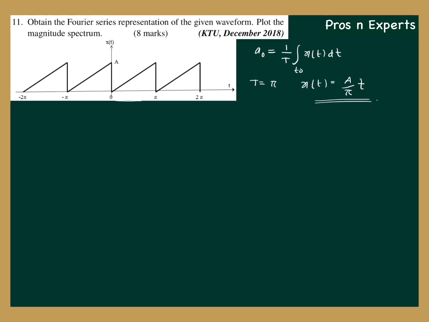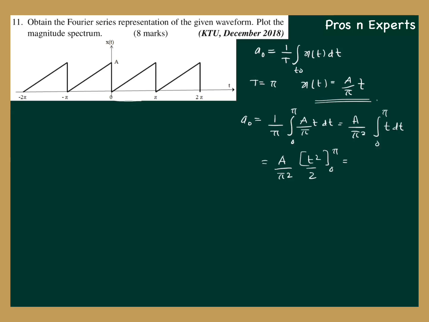Now what is a0? A0 is equal to 1 by pi integral from 0 to pi, x of t is A by pi into t dt. That is 1 by pi into A by pi, which is constant, into integral 0 to pi t dt. That will give you A by pi square into t square by 2 from 0 to pi.